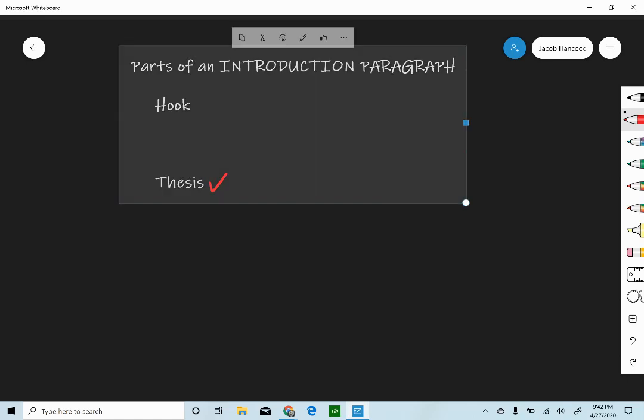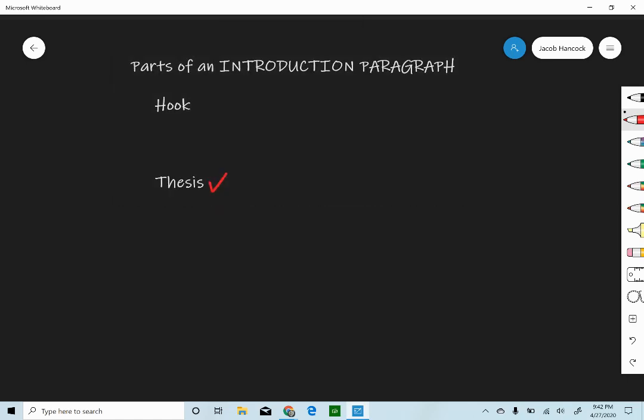And I'm going to show you three ways to hook your reader's attention, to make your topic interesting. The first I'll tell you is narrative, telling a bit of a short story just to make it interesting or relevant. And then there's using maybe a famous quote from a person who is reputable, someone who's an authority on the topic.